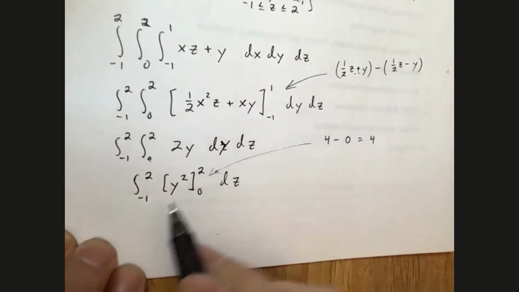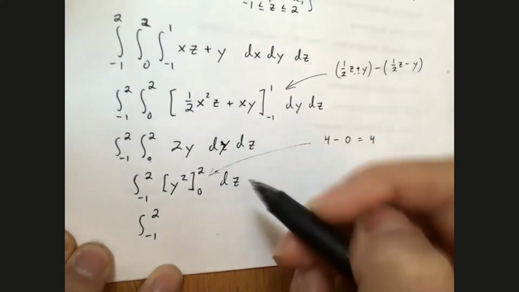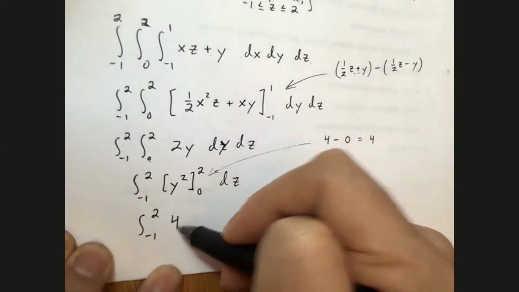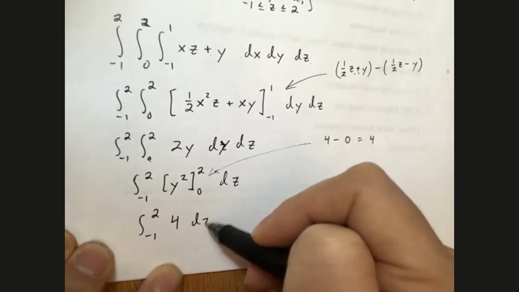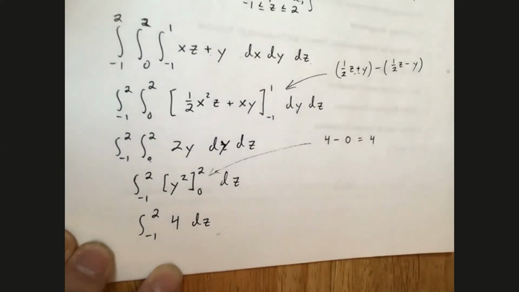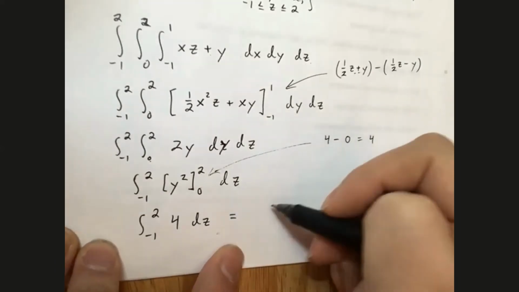Okay, so this really is just the integral from -1 to 2 of 4 dz. Okay. Antiderivative is 4z.